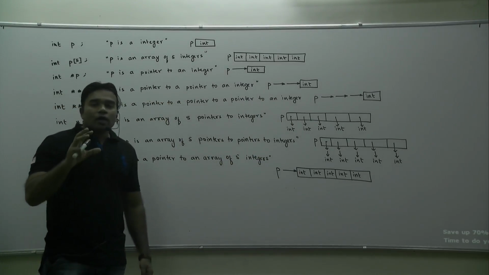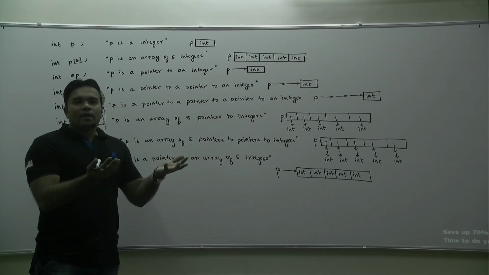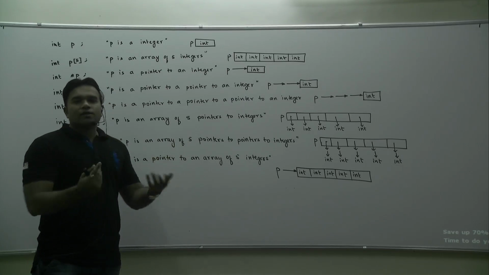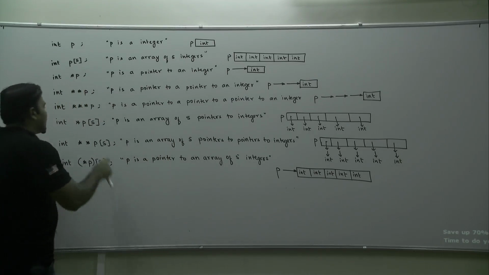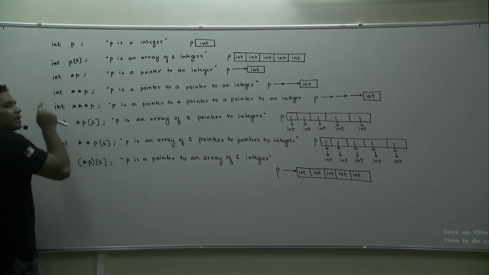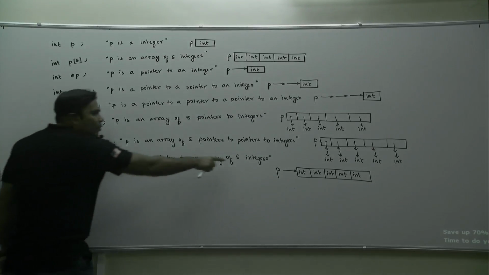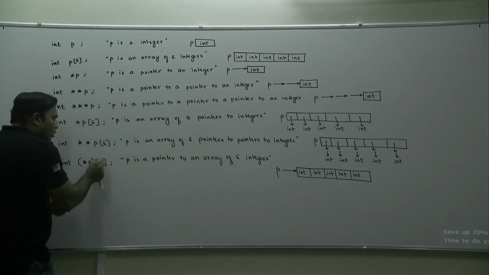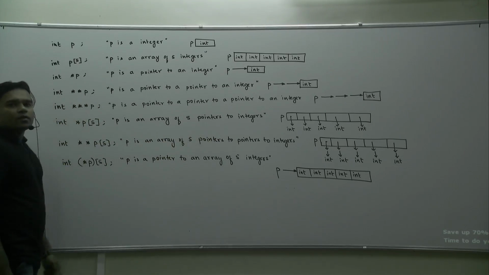If you don't know the art of reading declarations, then you may feel that both are same. In fact, in both nothing you would have actually understood. You should read this as p is an array of 5 pointers to integers, whereas this you should read as p is a pointer to an array of 5 integers. That is how you should be reading it.